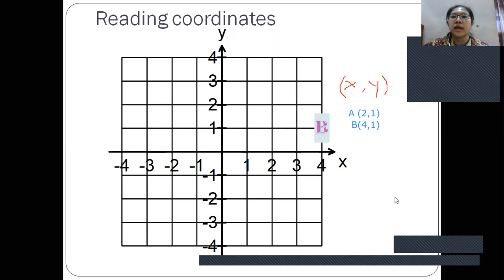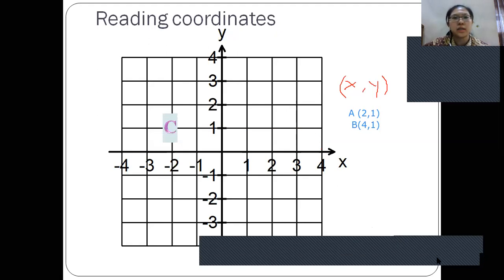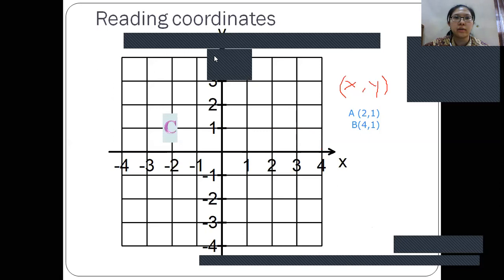Let's see next. Look at C. First, remember to write coordinates X first, then Y. For C, X is showing -2 and Y is showing 1.